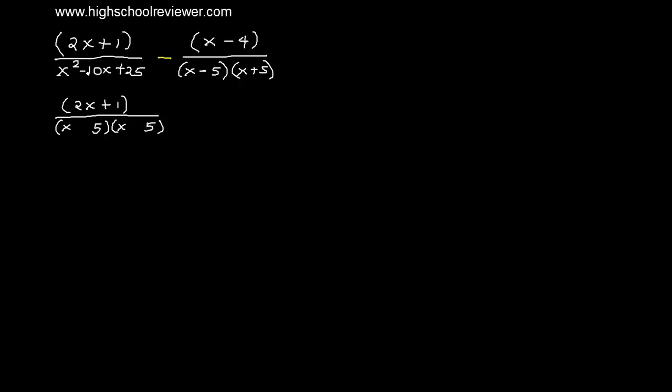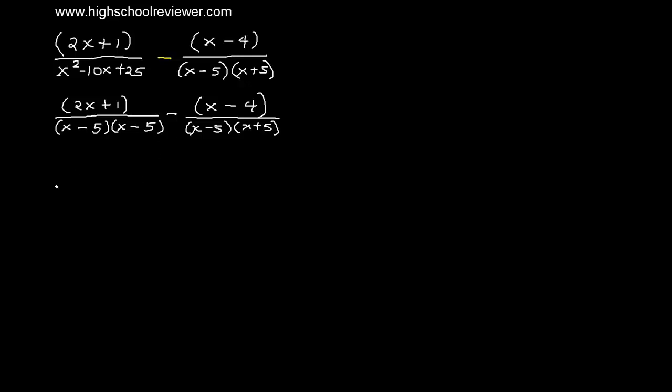And since this is negative and we need to have the sum of negative 10, all we need to do is put negative multiplied by negative, since negative multiplied by negative is positive. And then we have here minus the quantity of x minus 4 all over the quantity of x minus 5 multiplied by x plus 5.